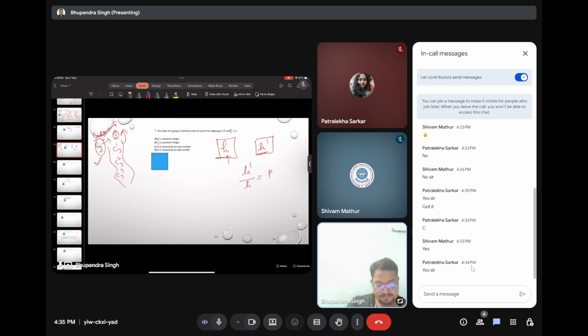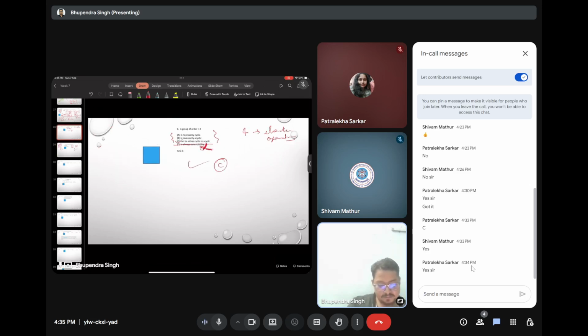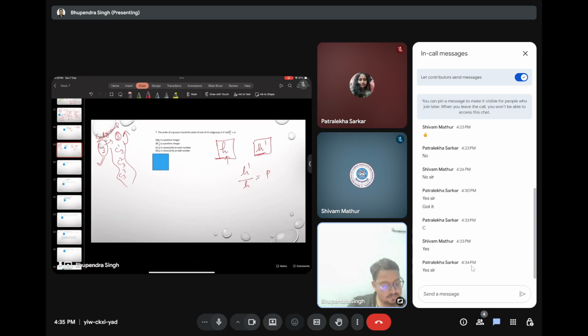In the previous question, the order of the group was, what was that? 4. Now I am considering the subgroup is 2. So now tell me what could be the answer.